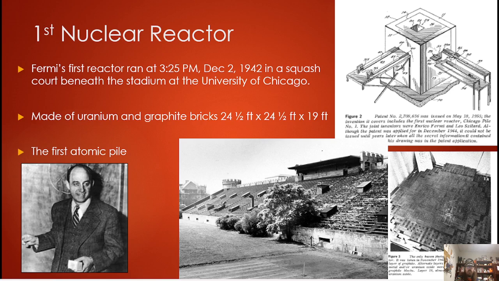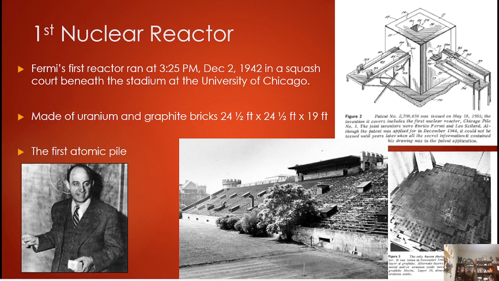December 2nd, 1942. Now, at the time, they weren't quite sure this was going to work. They weren't sure what was going to happen. They had an idea, but they hoped it was going to be controllable.